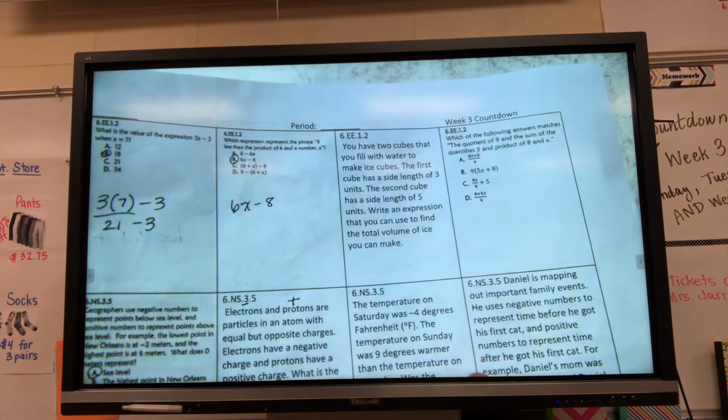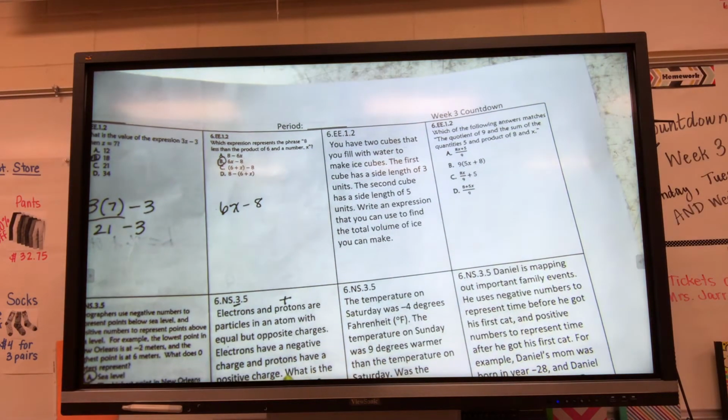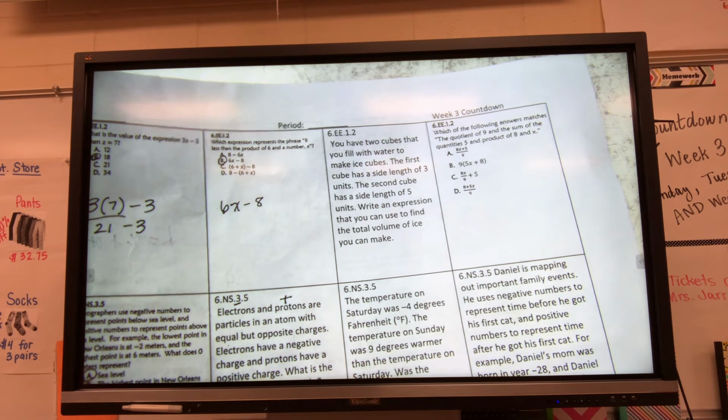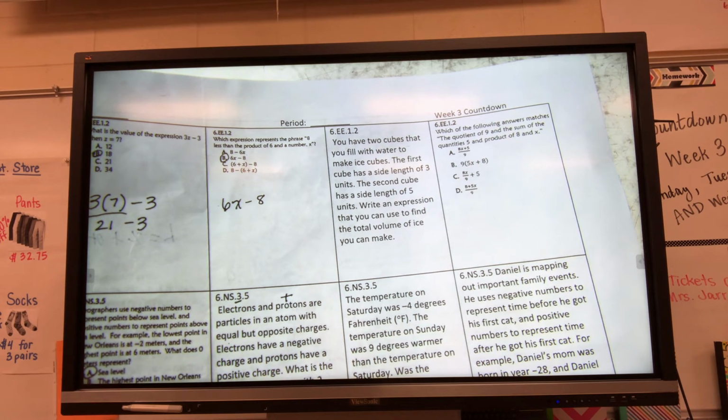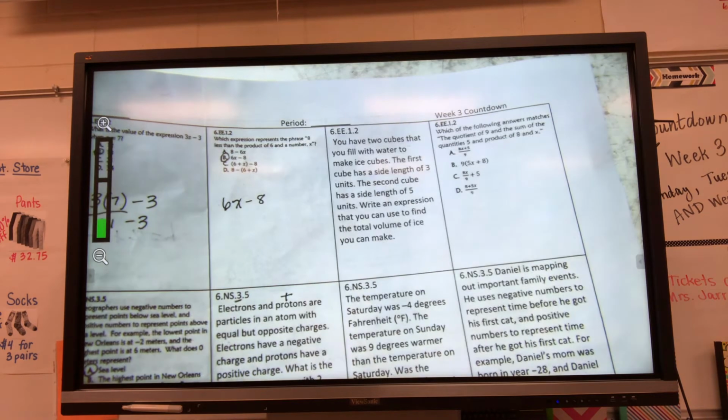Over on the other side, you have 2 cubes that you fill with water to make ice cubes. The first cube has a side length of 3 units. Now we're filling them, so we know that has to deal with some volume. The second cube has a side length of 5 units. Write an expression to find the total volume.